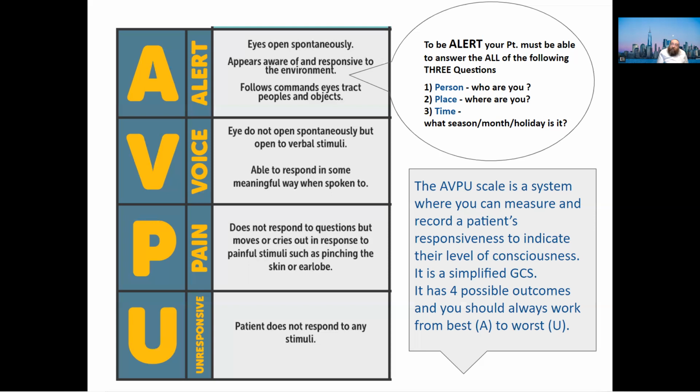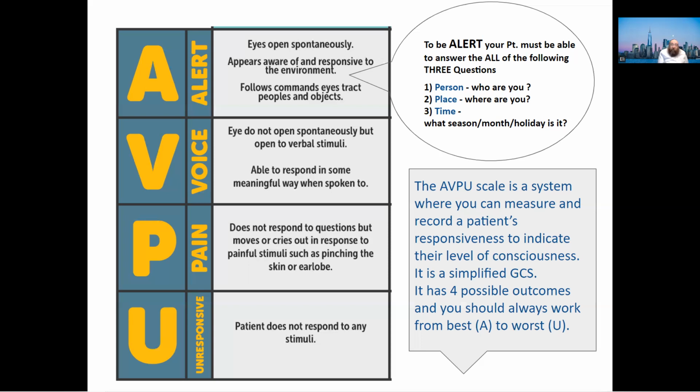So we use this mnemonic called AVPU. AVPU stands for alert, voice, pain, and then unresponsive. Let me show you how you do this. To be alert, to get an A, you got to get 3 out of 3.